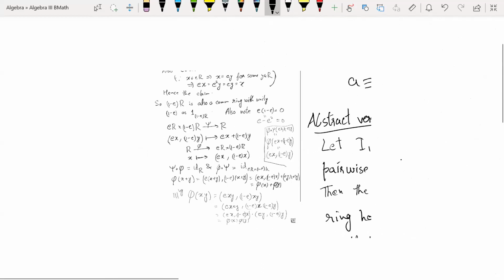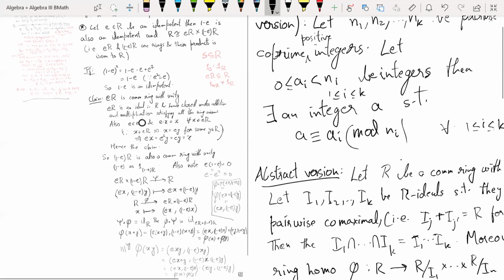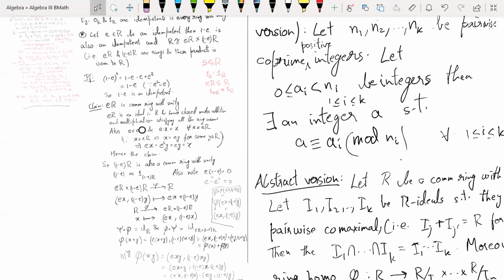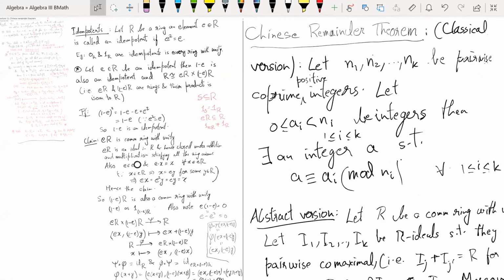on this result? Once you have this idempotent, then you can split R as a product of two rings. If you take E to be 0, then 1 minus E is 1, so you don't get anything non-trivial. The first factor is 0, the second factor is 1.